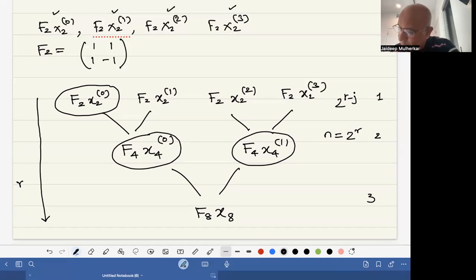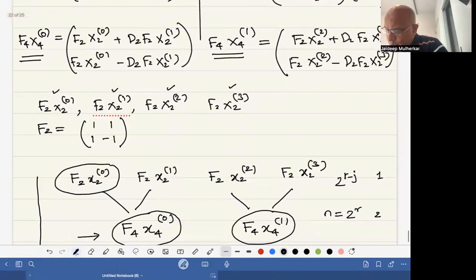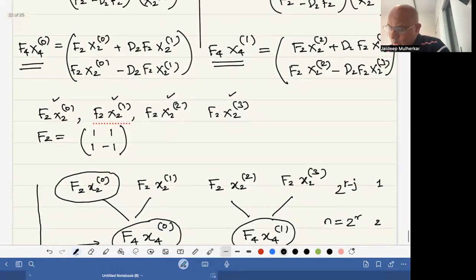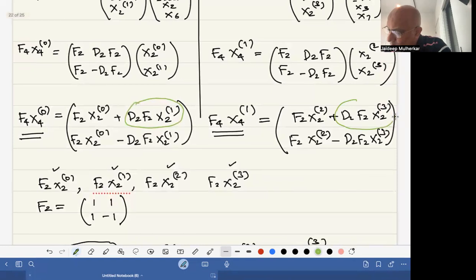And at each level, how many multiplications are there? Over here, for example, I can check this. If I want to compute F4 x4 of 0, then these are the multiplications involved. This is the multiplication of a 2 cross 2 matrix with a 2 cross 1 vector.